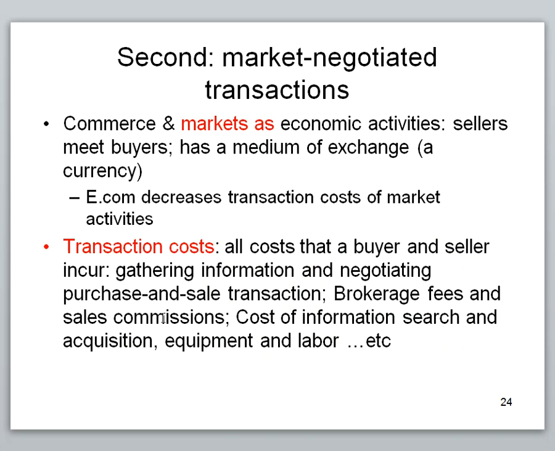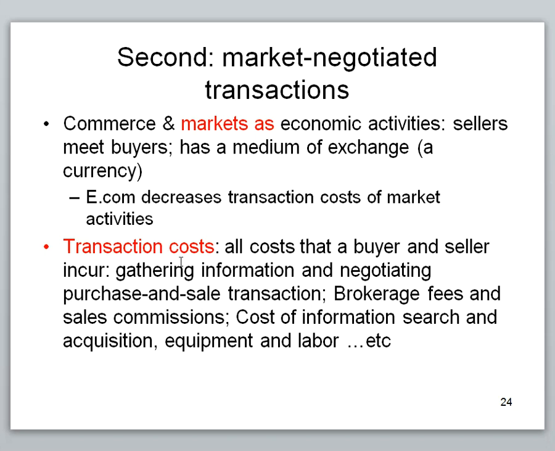The second economic force is that it enhances transactions, and it decreases transaction costs because they turn activities into what are called electronic markets. So all costs that we have in buying and selling, concerning gathering information and initiating purchase and sale transactions, brokerage fees and sales commissions, and cost of all these are eliminated.